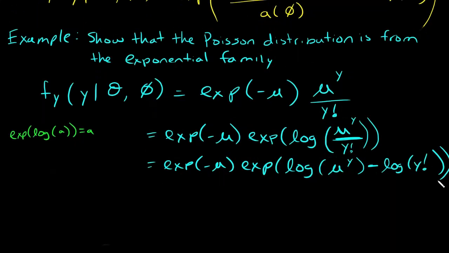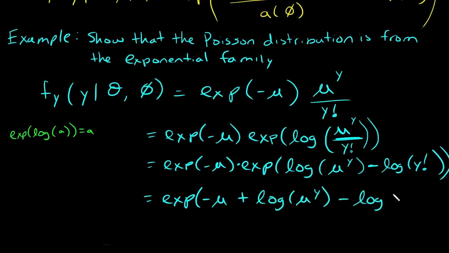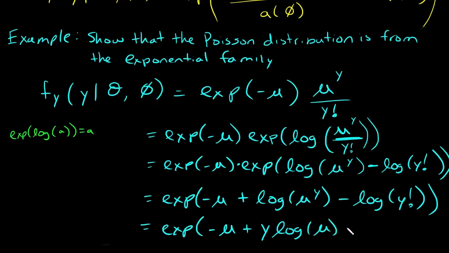Okay, let me close off that parenthesis. And when you have two exponentials that are multiplied by each other, you can write that as the sum of those exponentials. Lastly, that power can come down using my properties of logs. Okay, and now I'm almost there.